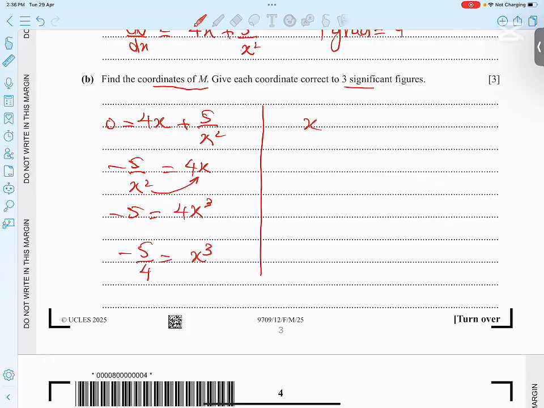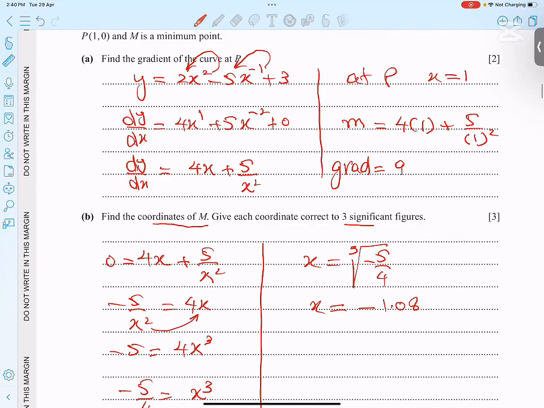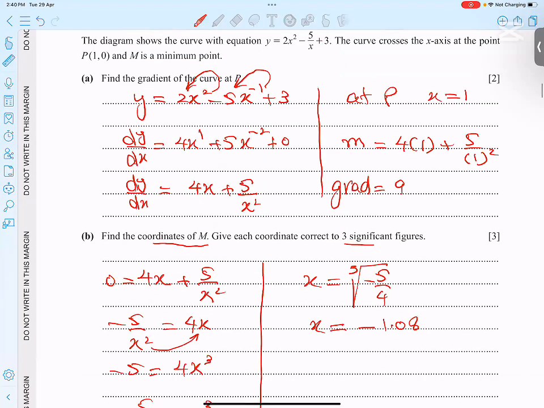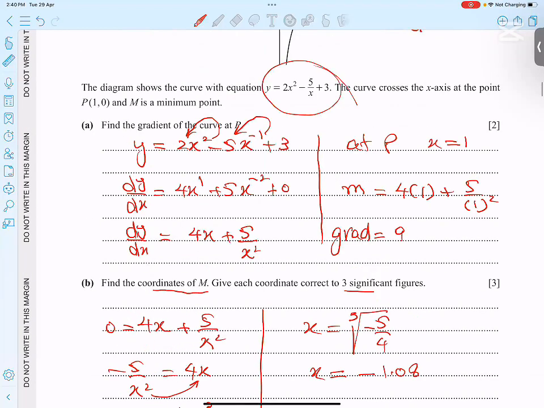I hope it's clear up till here. So the cube root of negative 5 over 4 will give our answer for x, and that is obviously negative 1.08. And if I'm looking for the y, I will go back and put this in this equation.